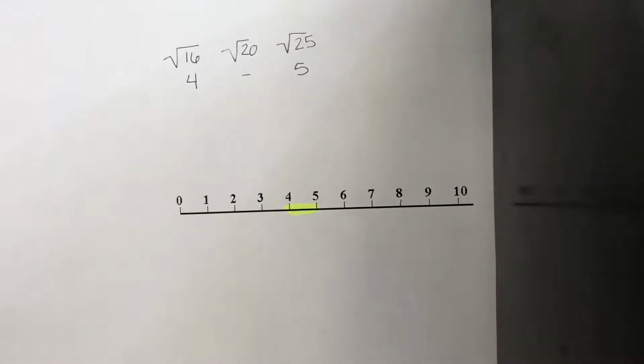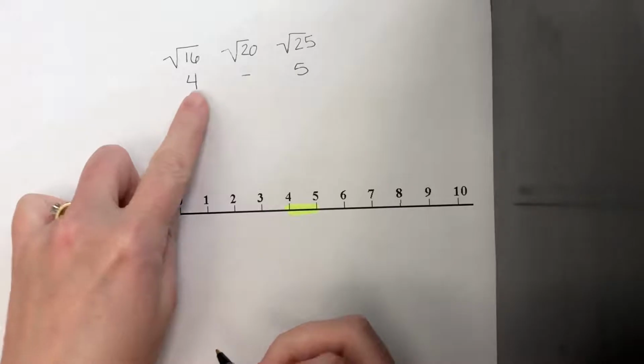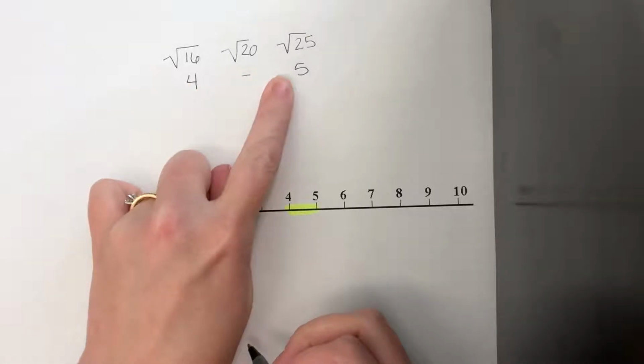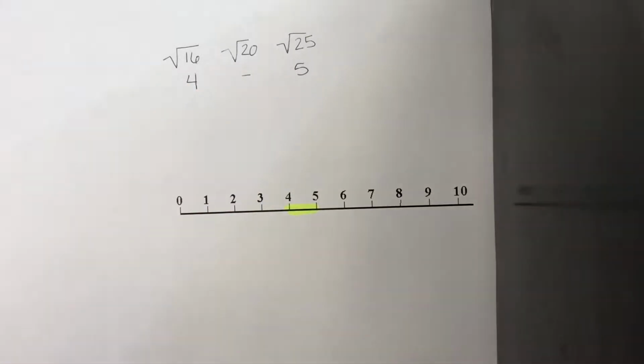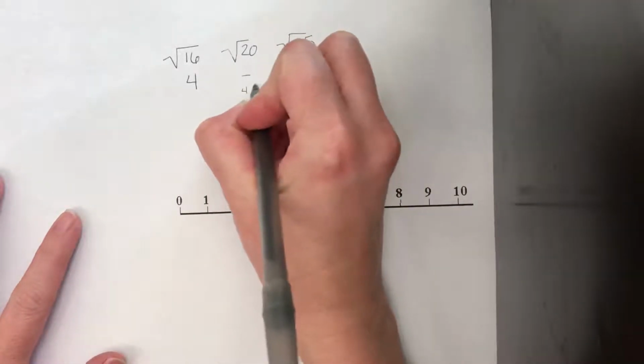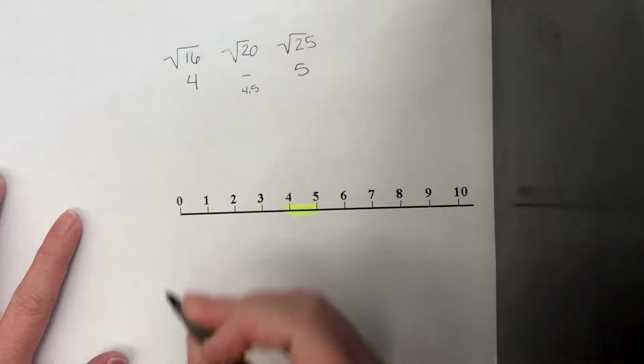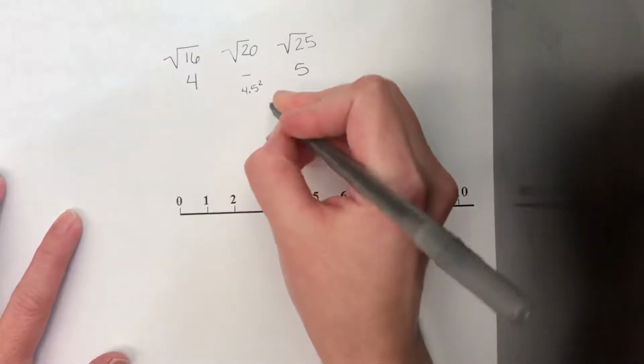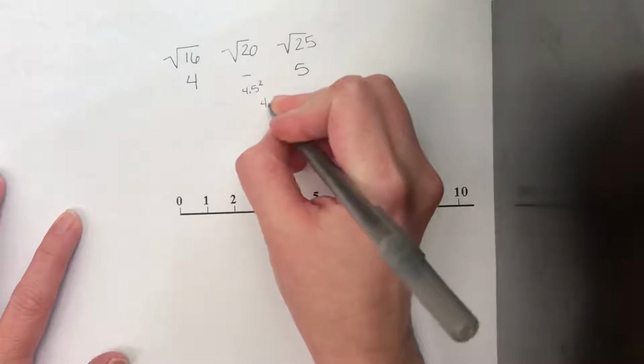Okay, but you know what? I can actually get a little bit closer than that. So let's see if we could find a number between 4 and 5 that would get us close to 20. Let me try 4.5. If I square 4.5, let me see what that would equal.